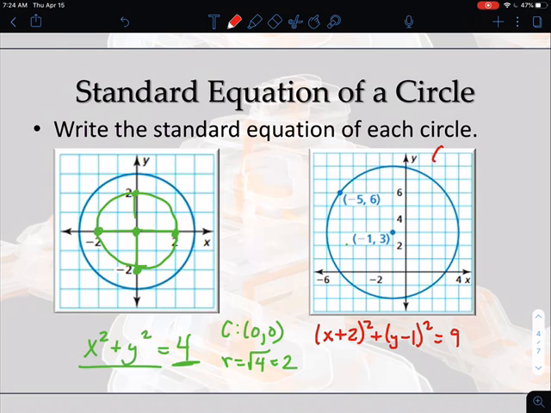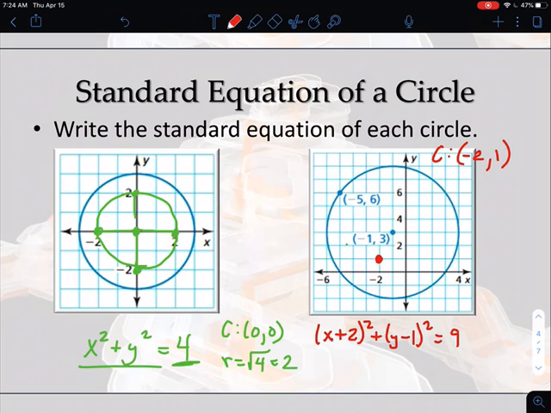So now that I put a shift on my center, remember we always go with the opposite sign in the equation. So plus 2 in the equation means my center's at -2 for x, and then -1 on y means I'm going to go to +1 for y. So my center point is going to be at -2, +1.